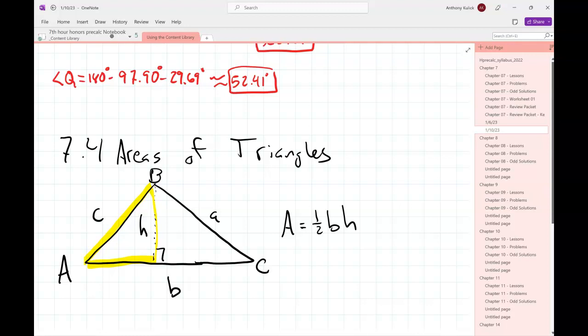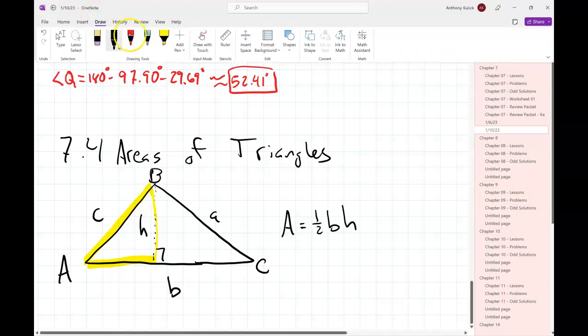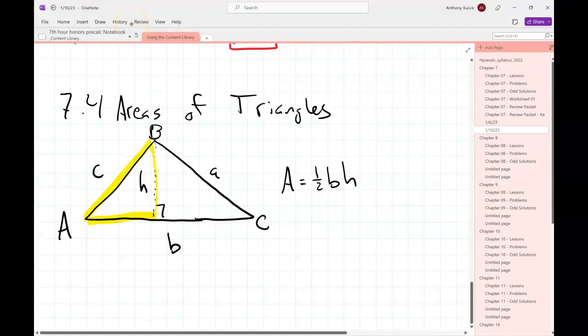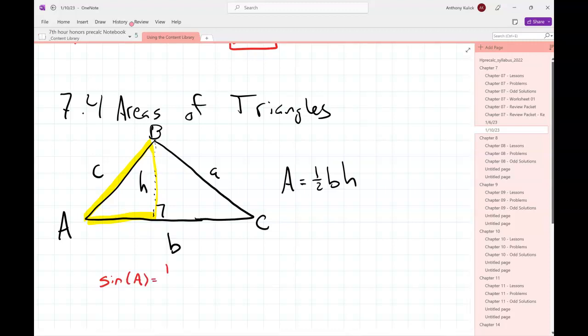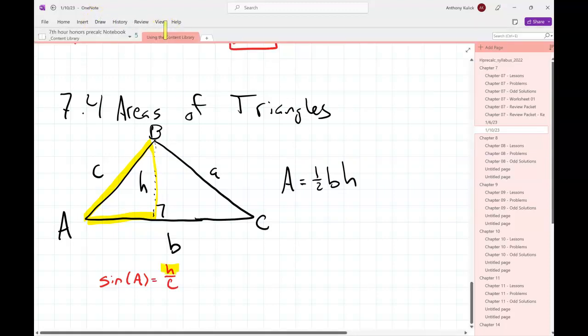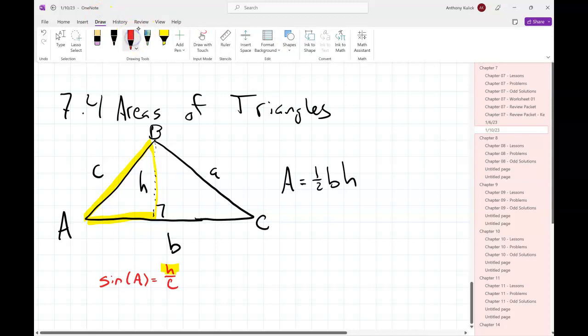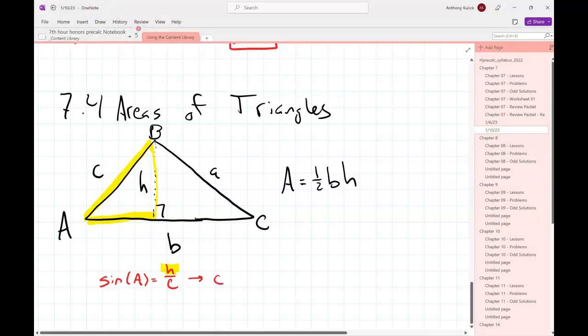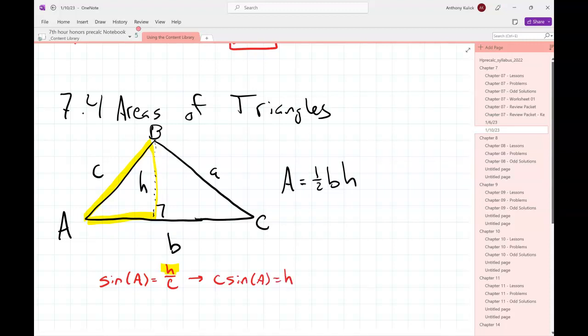I noticed, though, that in yellow there, what I've highlighted makes a right triangle, correct? So I can say something like sine of A is equal to h over c. And I'm thrilled about that because I have an h in that formula. So if I multiply both sides by c to get the h by itself, I can say h equals c times sine A.